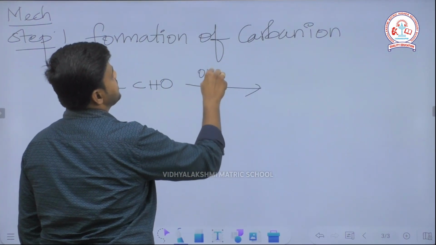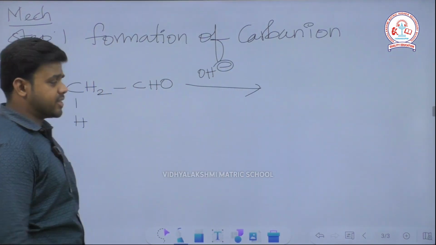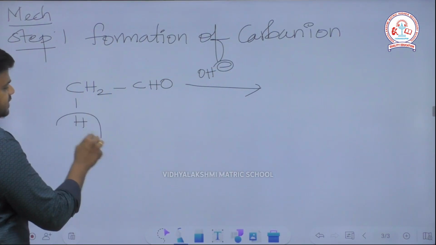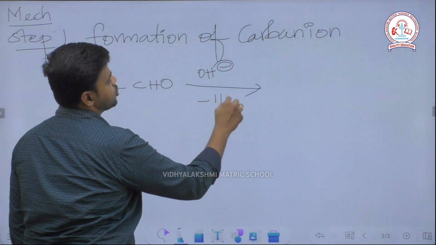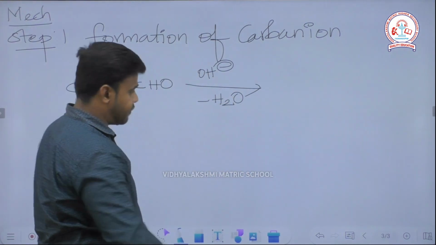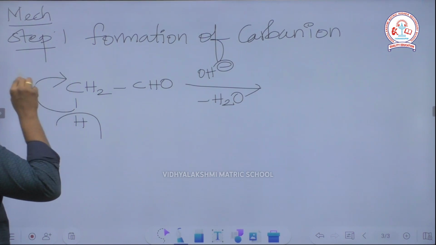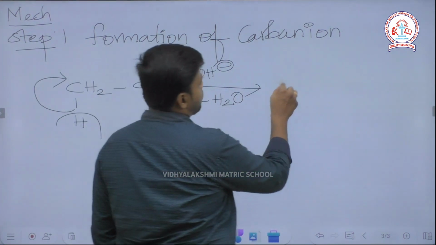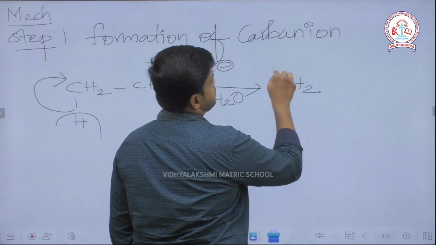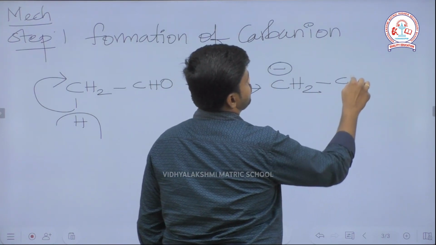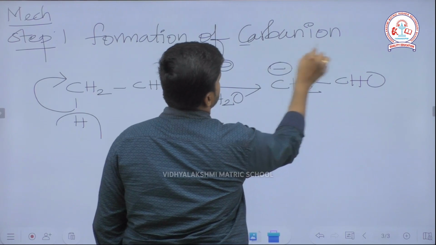The reaction happens in the presence of a base. So obviously, this OH will abstract this hydrogen and go as H2O, which will remain in the solution itself. This bond will shift over to the carbon and remain as a negative charge. So thereby your product is CH2 minus CHO. So this is what is called a carbanion.